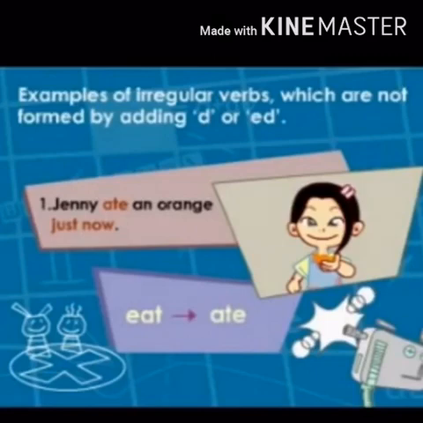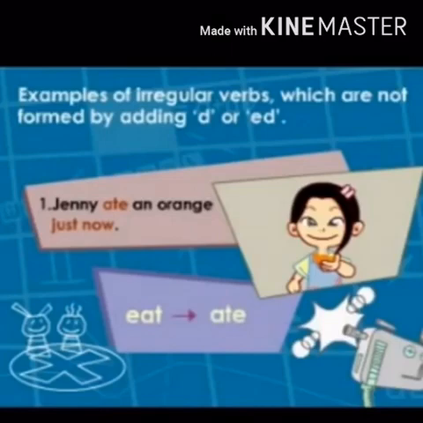So, eat is the present form and ate is past form. As you already know that the past tense of eat is ate and ate is not formed by adding D or ED, but yet it is a past form of the verb.